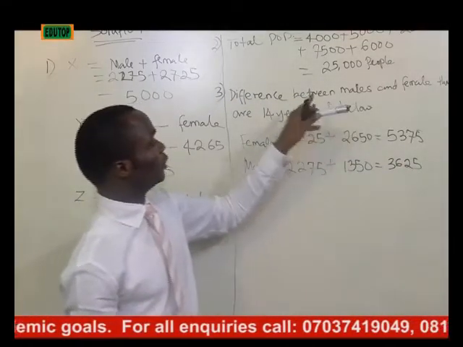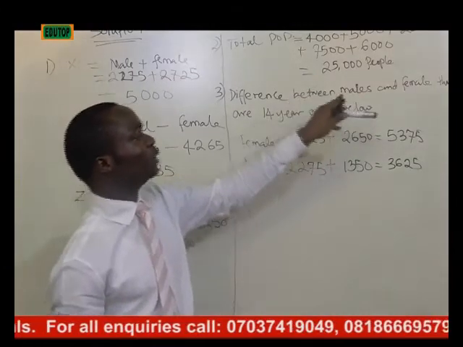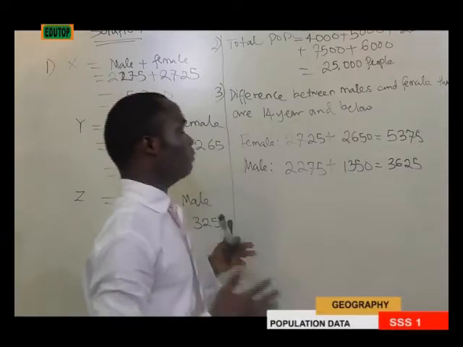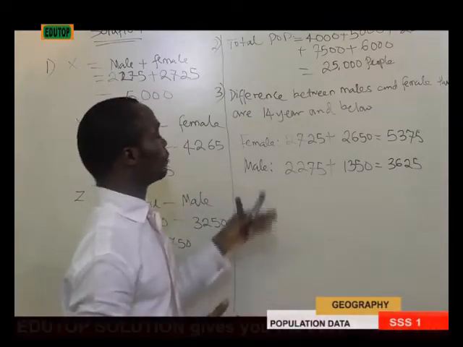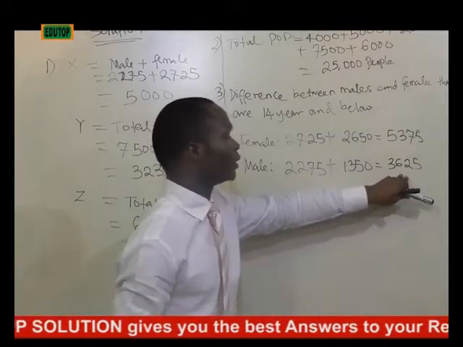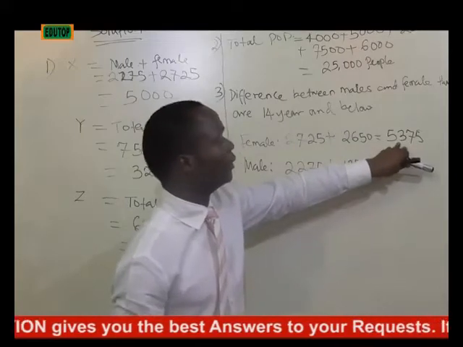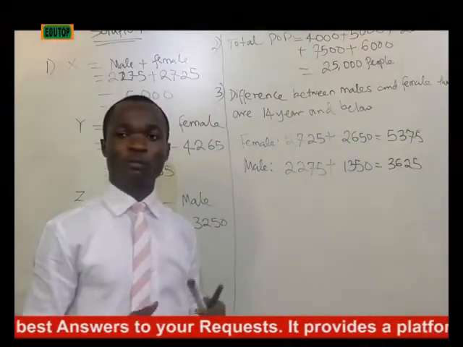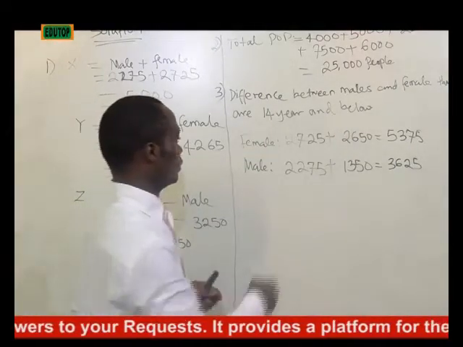Now, to get the difference between male and female, we subtract the total number of males from the total number of females that are aged 14 years and below.